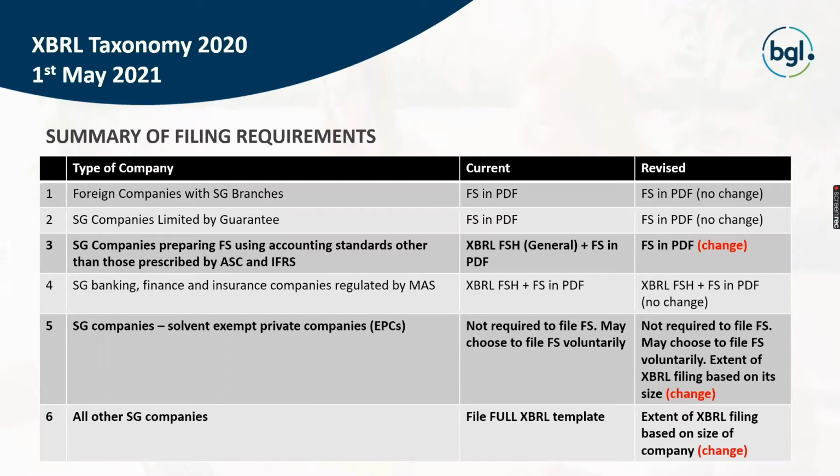So nowadays, after the 1st of May, it's very similar. However, if they choose to voluntarily file the financial statements in an XBRL format, it is based on the size of the company, whether the company is a small company or not. And this is very similar to all other Singapore companies as well.